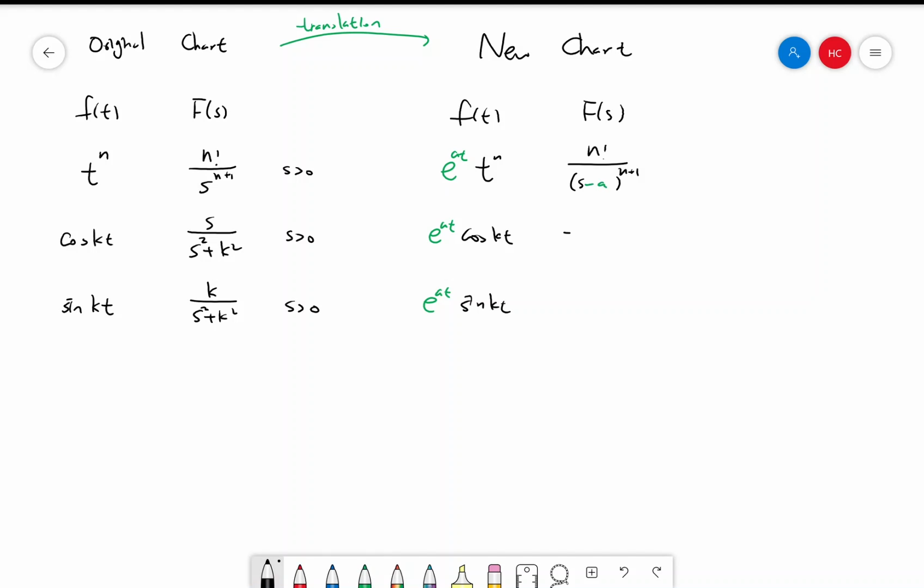And then same thing for the other two, so it's s squared plus k squared. All these are shifted by a. And same thing for sine. And all these Laplace transforms converge for s greater than a. Right, so we're going to use this new chart to solve inverse Laplace transforms for rational functions.